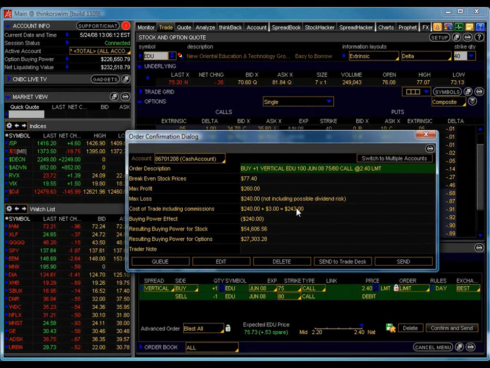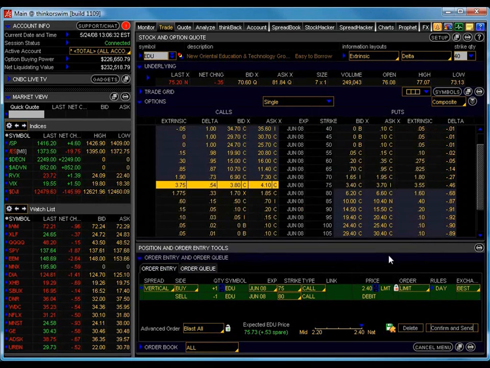That's exactly how you would determine your break-even points, your profit on this position, your maximum loss, and the cost of the trade. Now, remember this cost of $240 plus $3 in commission for a $243 total cost.